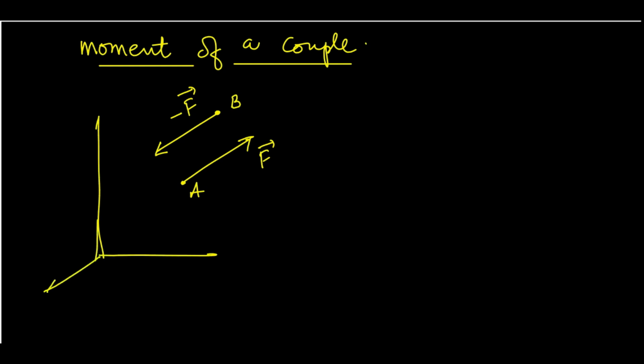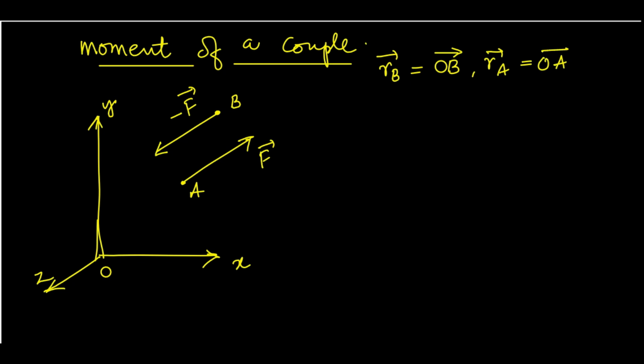So now you have X, Y and Z axis. Your RB is the vector from O to B, that is your RB. RA is the vector from O to A, that is RA.